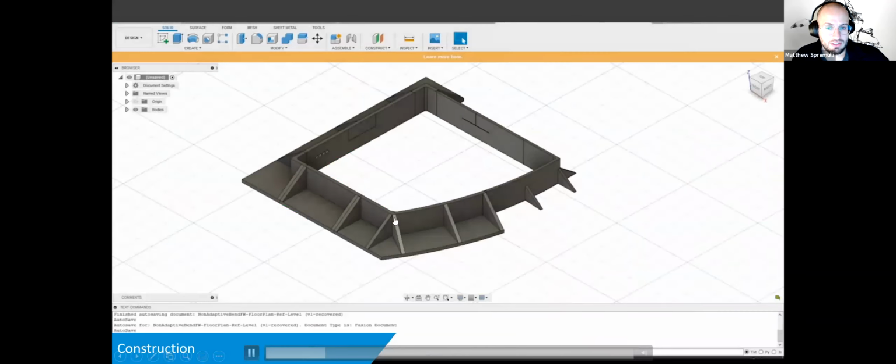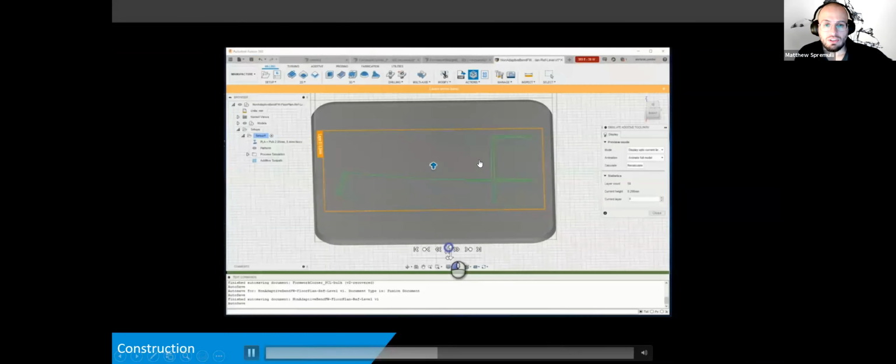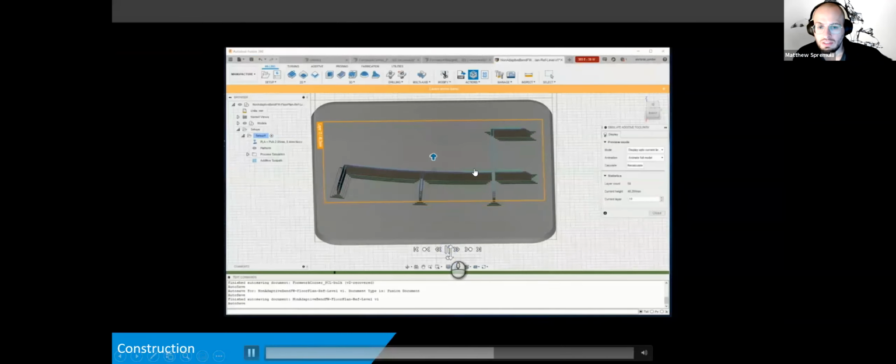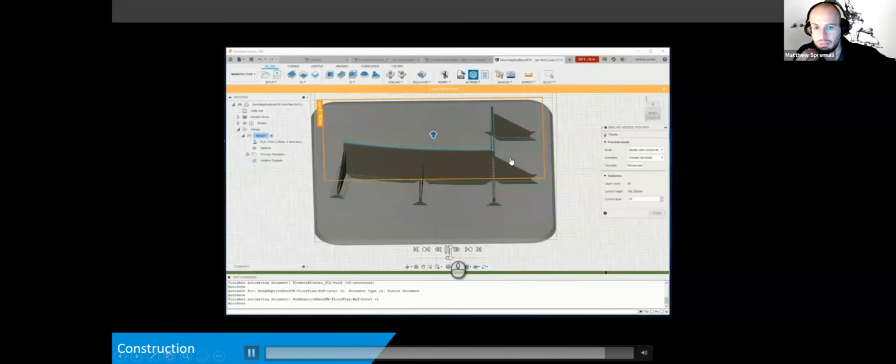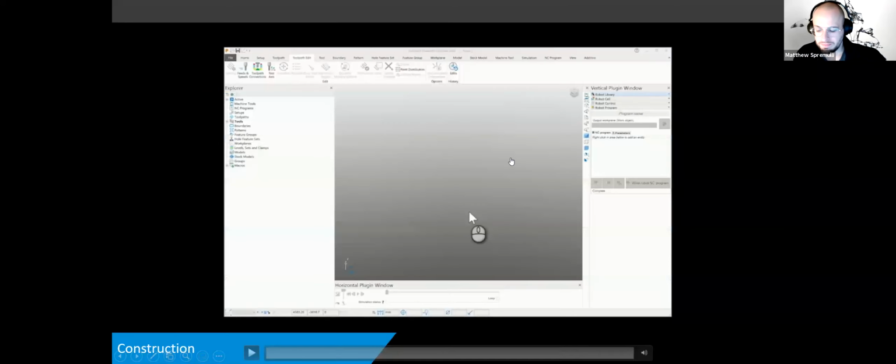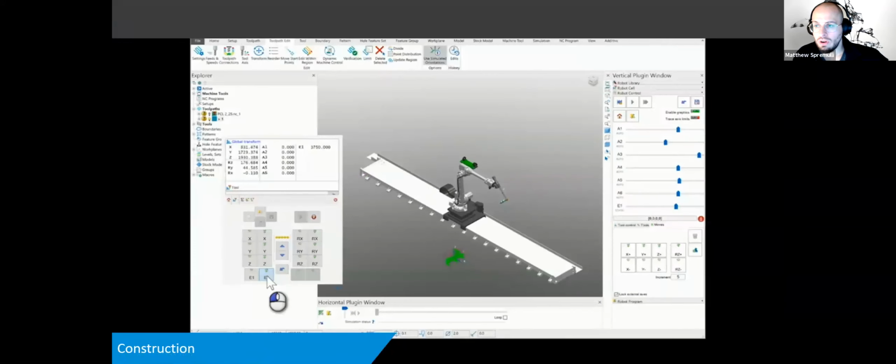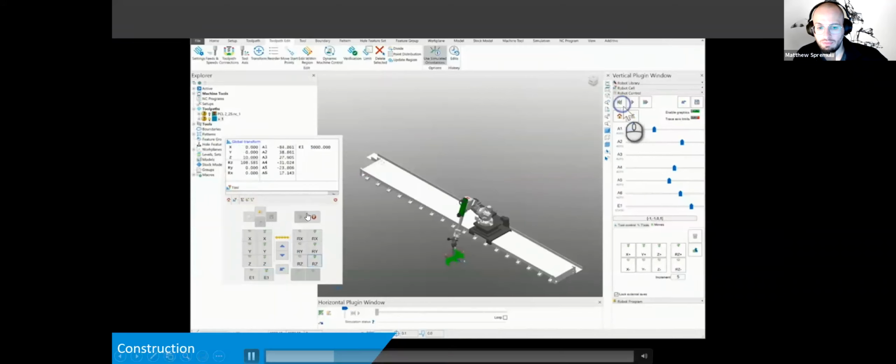Once they had the design, we brought it into Fusion 360 so that they could fabricate these models. So here we're just using it to create a slicing pattern for 3D printing. And we're going to experiment using a robot in order to 3D print that formwork.